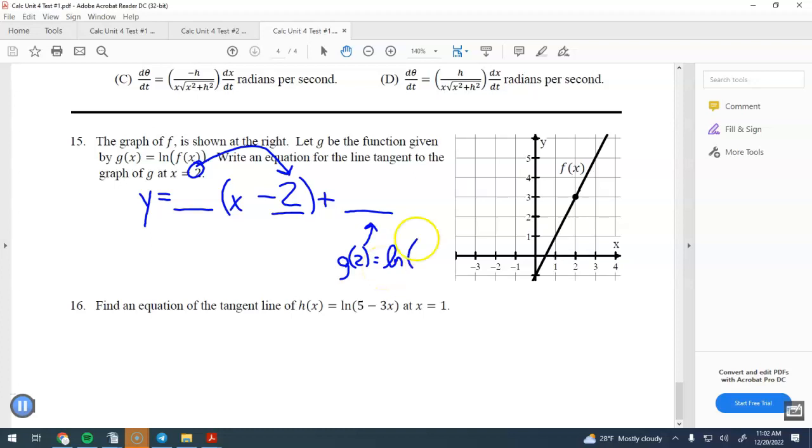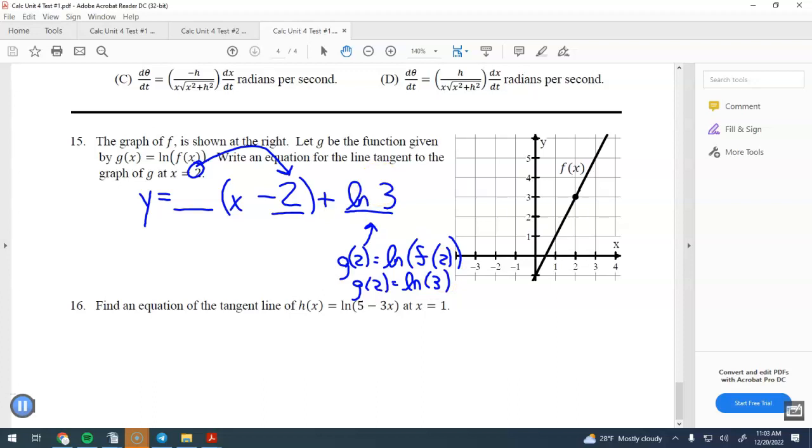So I need to find ln of f of 2. Does that make sense, what I'm doing there? So what is f of 2? I'll read over here. f of 2 is 3. So then g of 2 is ln of 3. So I'm going to put ln of 3 there.